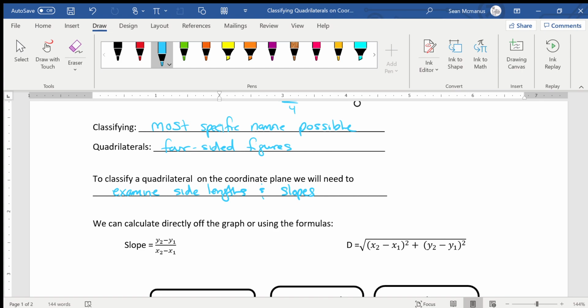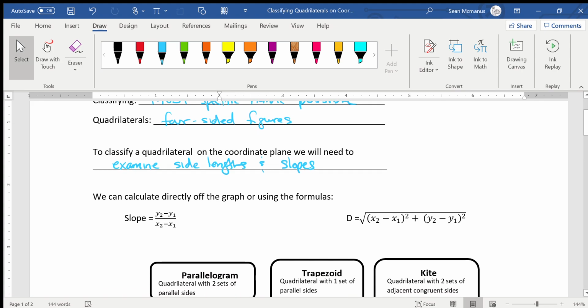We did the side length comparison with the triangles, right? If all three were the same, they were equilateral. Two were the same, isosceles. If none were the same, it was scalene. We're going to do a similar thing here. We're going to look to see if the side lengths are the same, but we're also going to have to look at the slopes and use that to dig a little bit deeper.